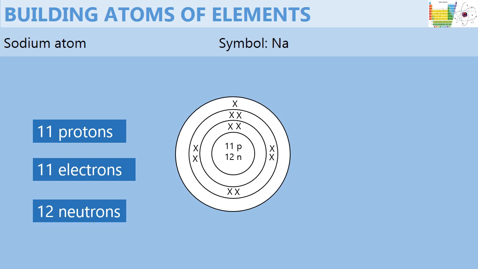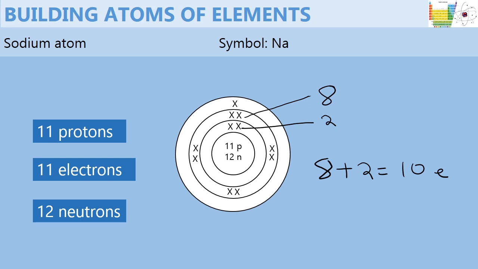In the nucleus, we have 11p and 11n to represent the protons and neutrons. The first energy level has a maximum of 2 electrons. The second energy level has a maximum of 8. This means that we have used up 8 plus 2 to give us 10 electrons.